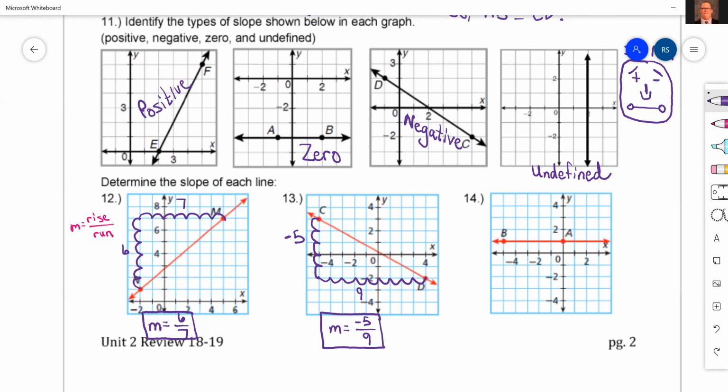Can't reduce it, so I'm done. Now 14, what kind of line is that? Say horizontal line. And what kind of slope do horizontal lines have? 0. So our slope here is 0. That's all we had to do there, just find the slope.